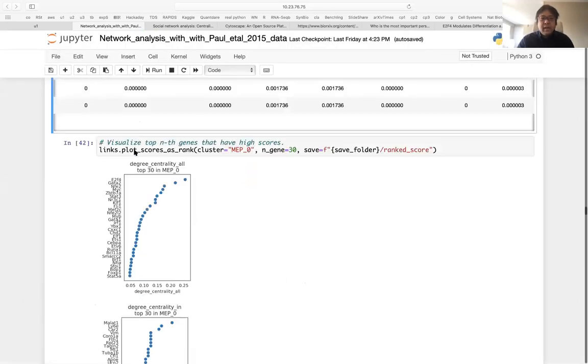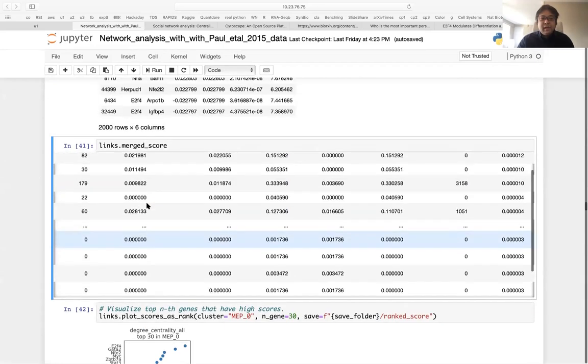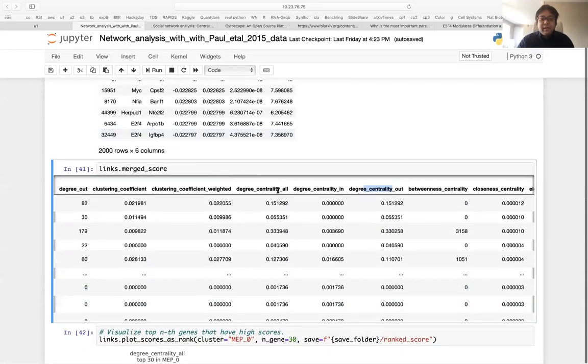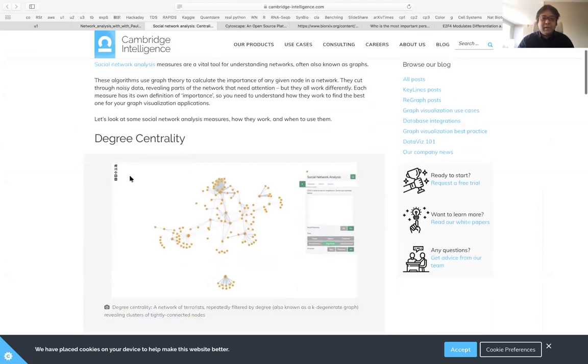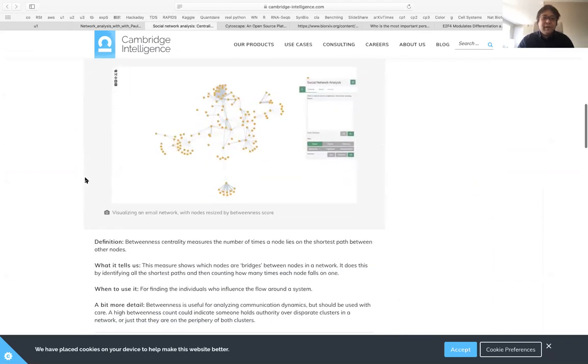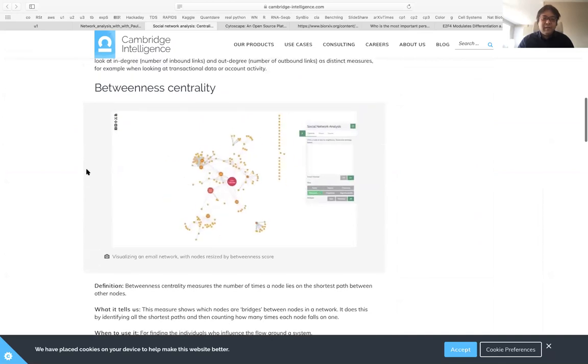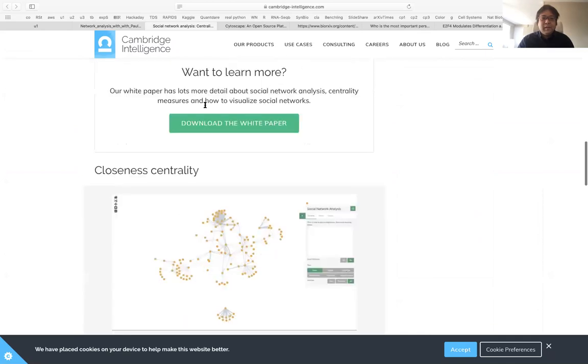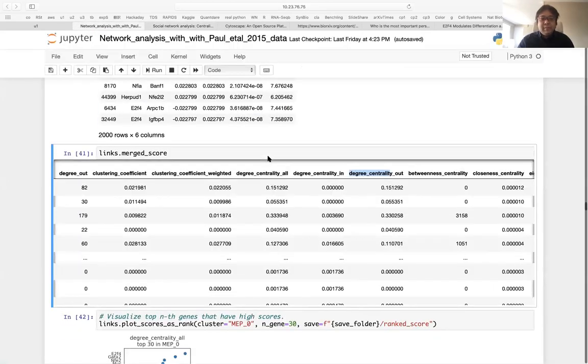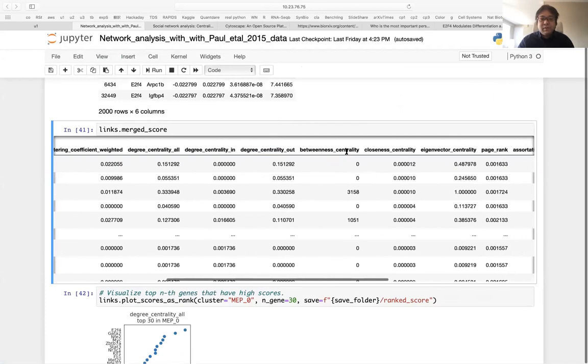If you want to know the details of this score, please Google degree centrality or something. I think there is a really good explanation on the web, and you can find really cool visualizations. Here we provide basic scores.